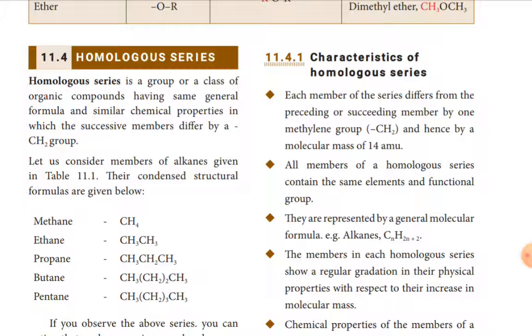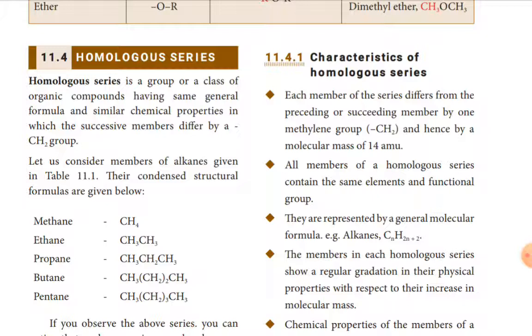First point: each member of the series differs from the preceding or succeeding member by one methylene group, a CH2 group, and hence by a molecular mass of 14 atomic mass units. This is already given in the definition of homologous series also.